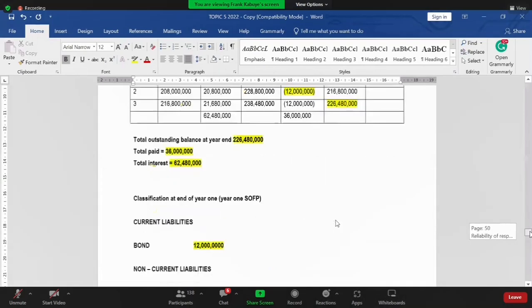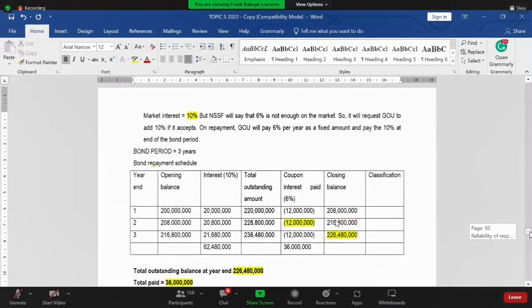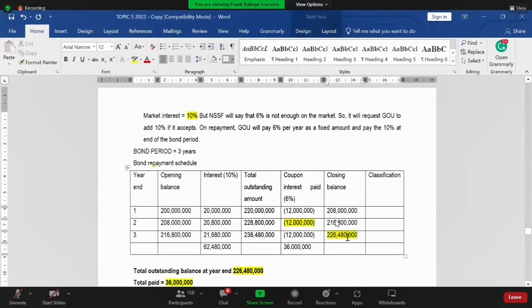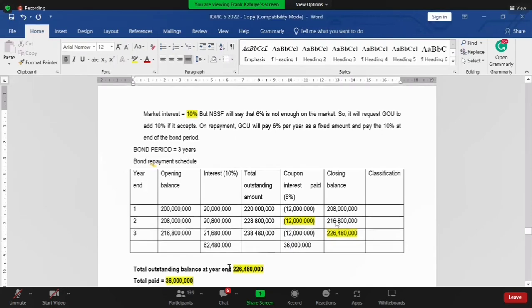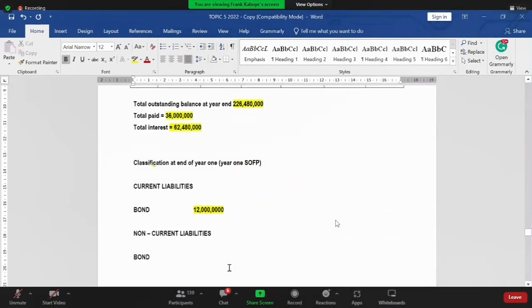It will be whatever is outstanding, that is in year 2 and in year 3. So when you're at the end of year 1, you have already paid this. Whatever is remaining that will be paid in year 2 and in year 3, that is a non-current liability.